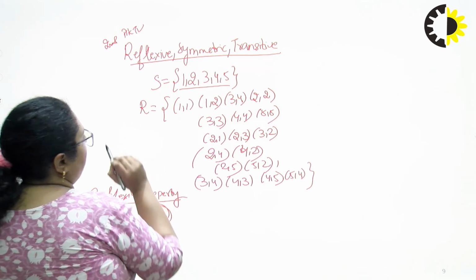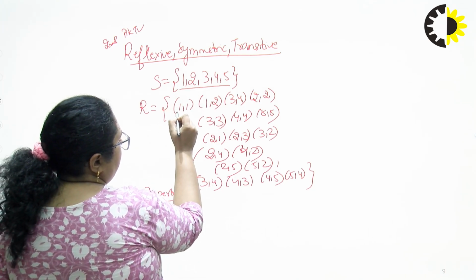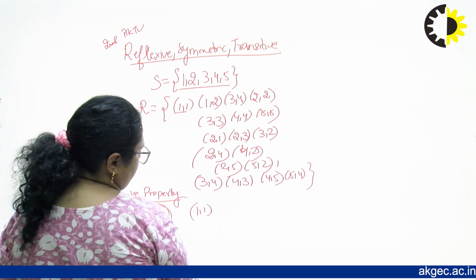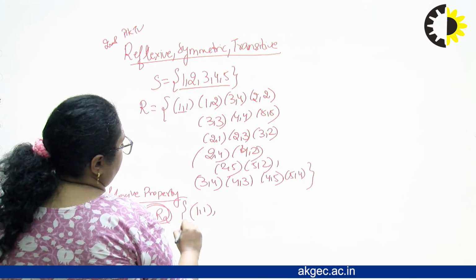So suppose we have R. We check for reflexive: is (1,1) there? Yes, the relation (1,1) is there.